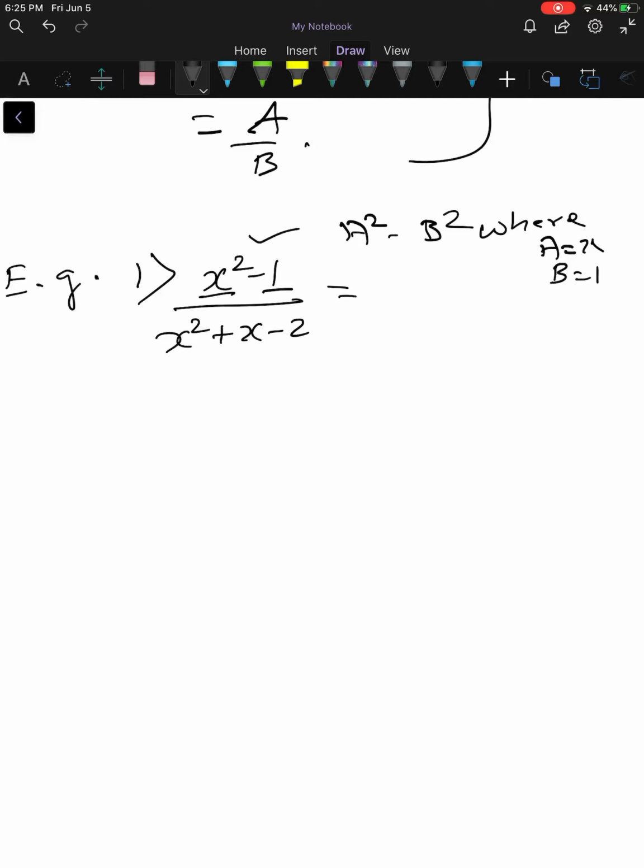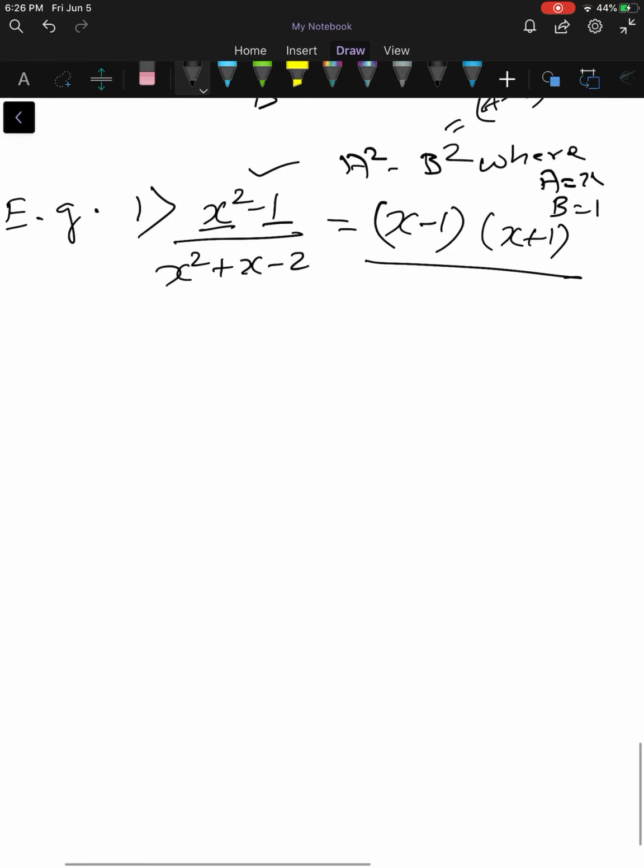Use the formula a squared minus b squared, which is nothing but a minus b times a plus b. If you use that, a minus b is x minus 1 and a plus b is x plus 1, and the denominator is a trinomial.